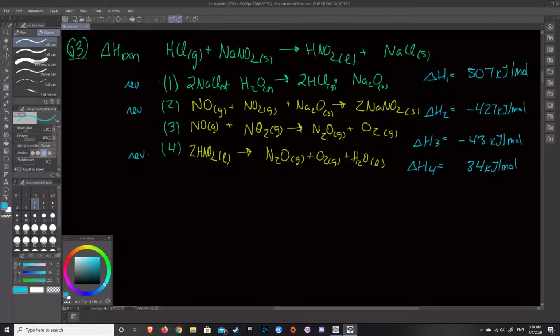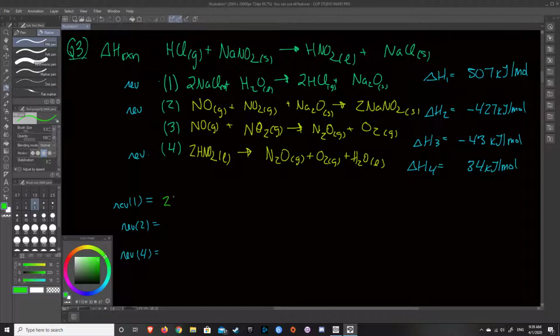So let's reverse them. Okay, so I'll just say reverse 1, reverse 2, and reverse 4. So then, right, this would be a very long answer question and would be worth a lot of points. So let's see what reversed 1 would look like.